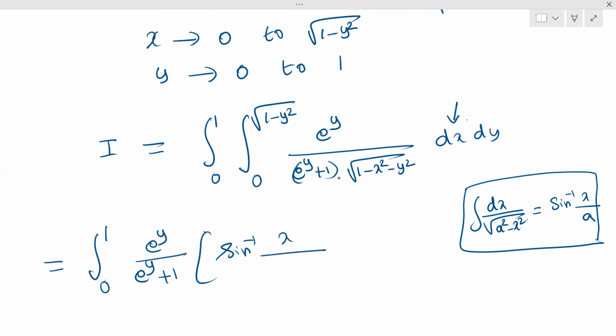What is a? These two terms together are our a, because 1 is constant, y is also a constant. In this problem, a square is nothing but 1 minus y square.